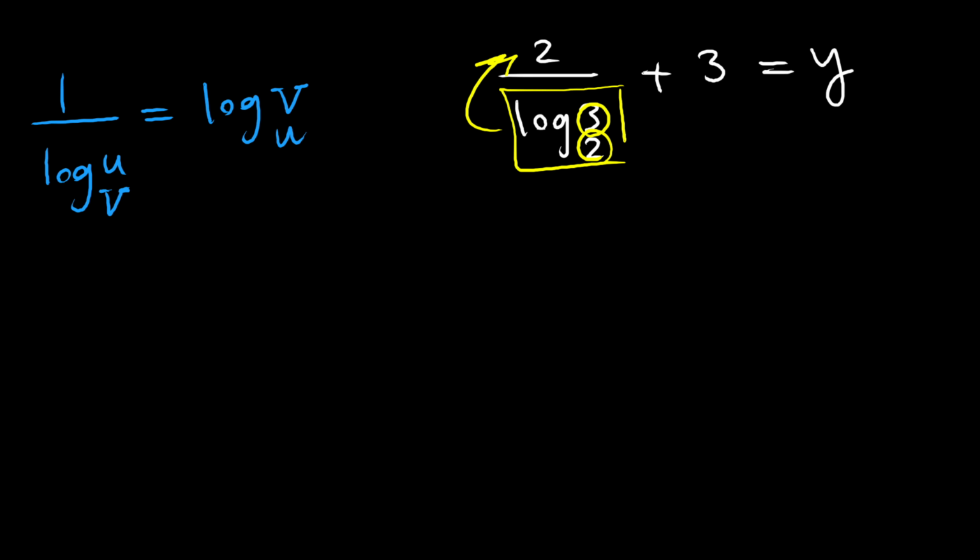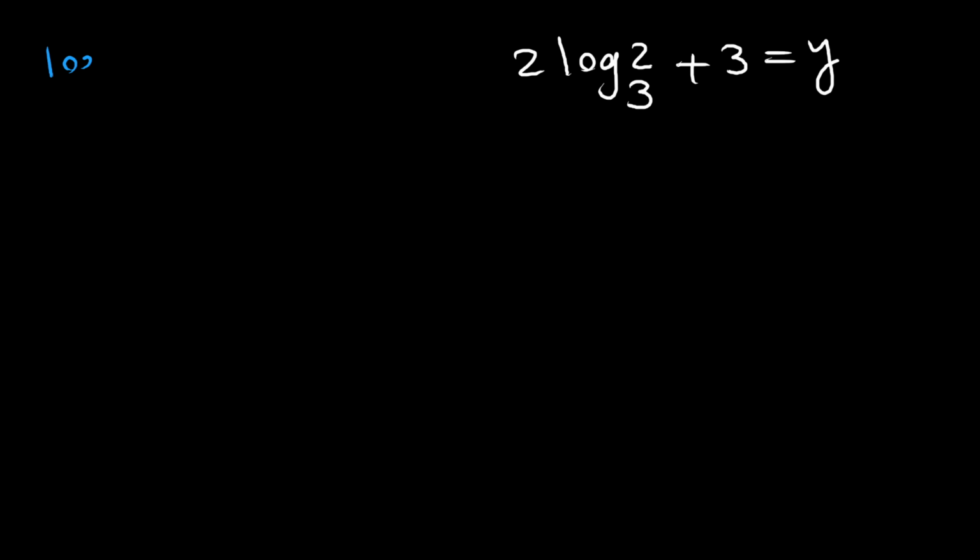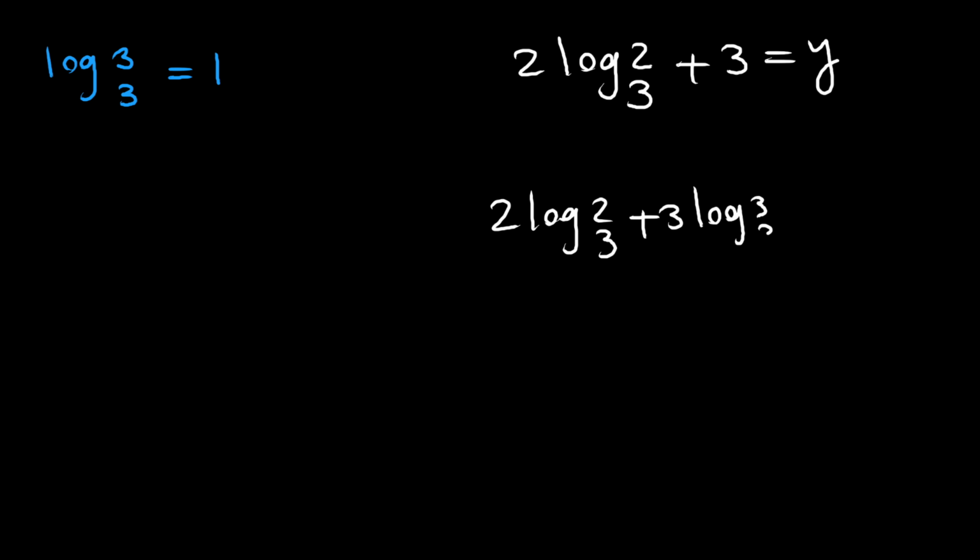And if we do that, the left-hand side is going to be 2 times log of 2 with base 3 plus 3 equals y. Now remember that log of anything like 3 with base of the same thing is going to equal 1. So I can say that 3 is equal to 3 times 1, and 1 is log 3 with base 3. So the left-hand side is just the same thing as 2 times log of 2 with base 3 plus 3 times log of 3 with base 3.